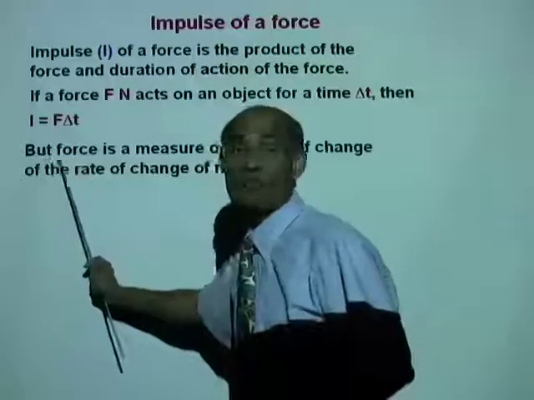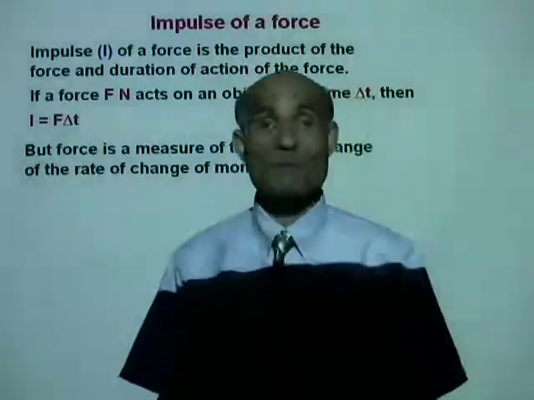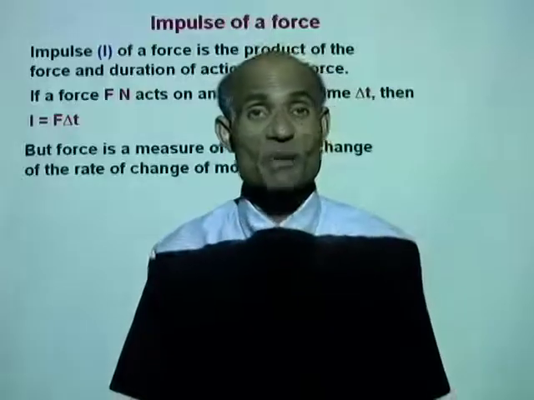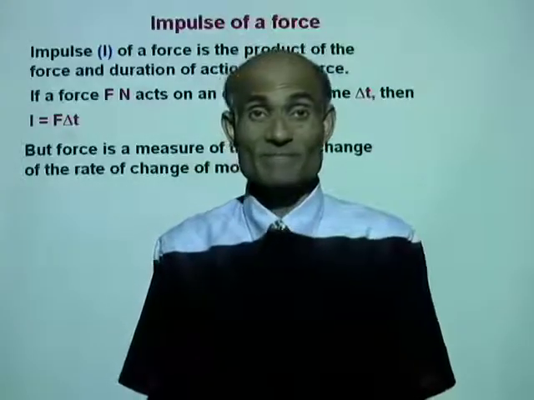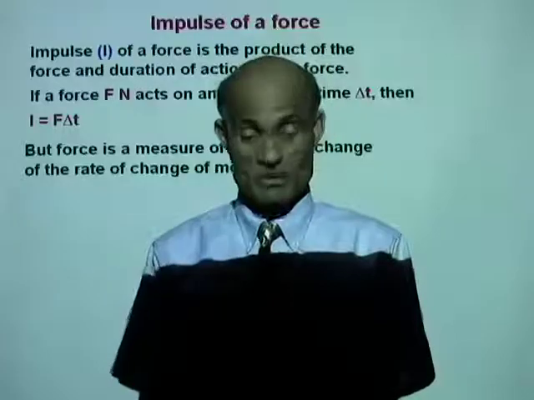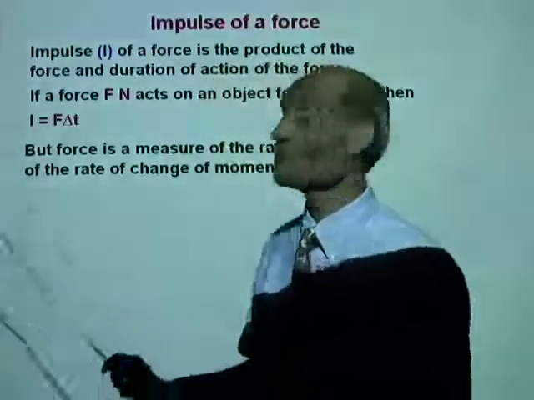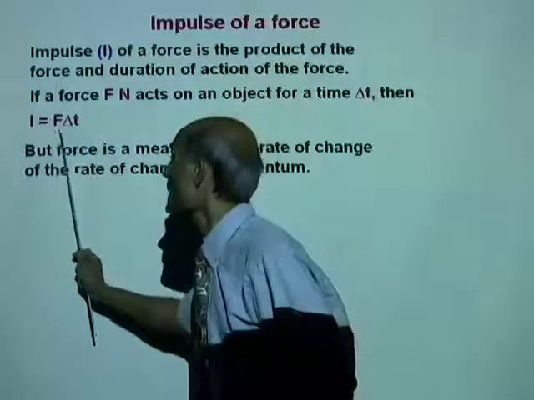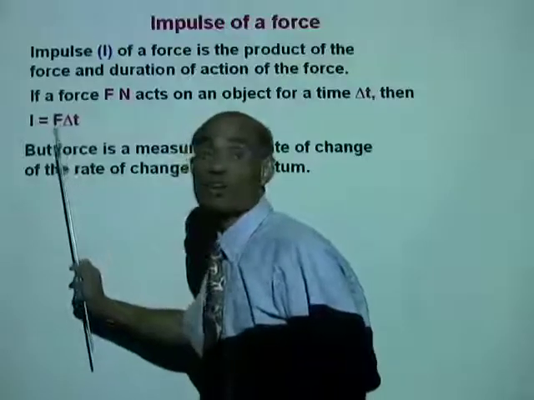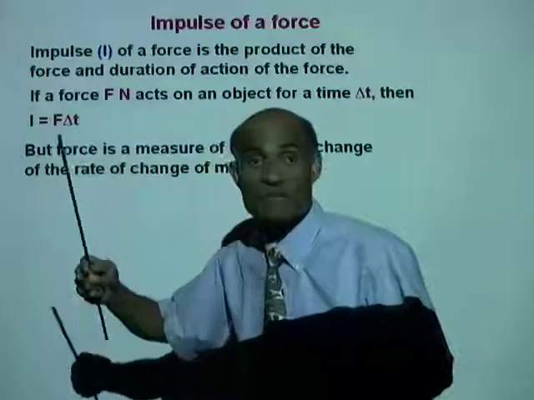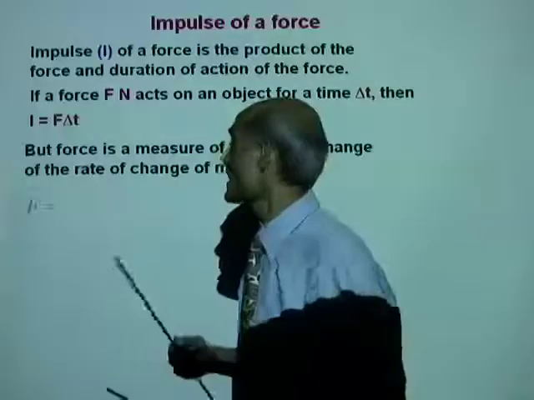But you know that force is a measure of the rate of change of momentum. Do you remember that? Force is a measure of the rate of change of momentum. So let's replace the force F by the change in momentum divided by that time.